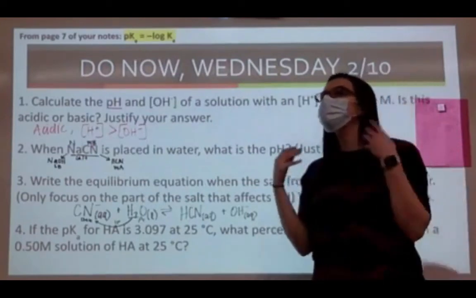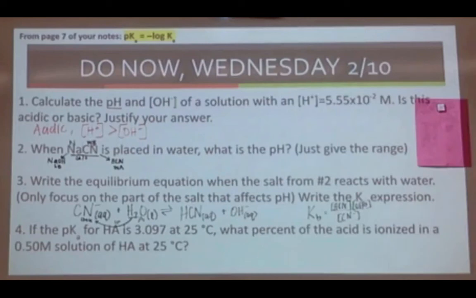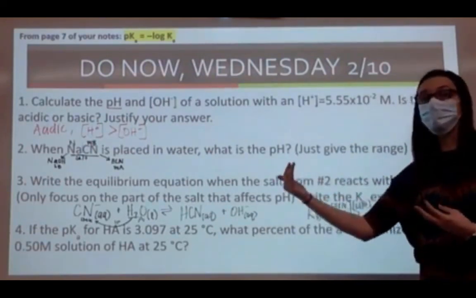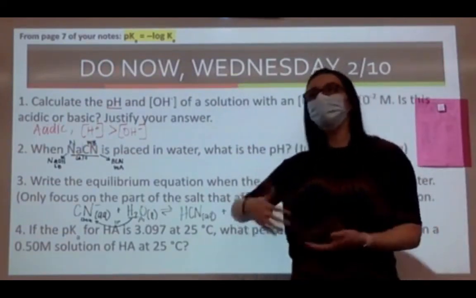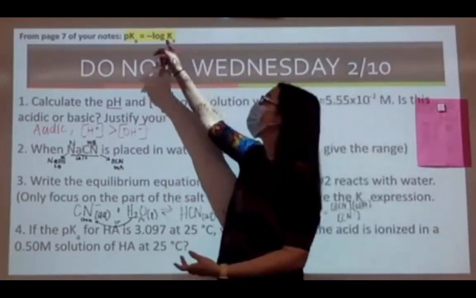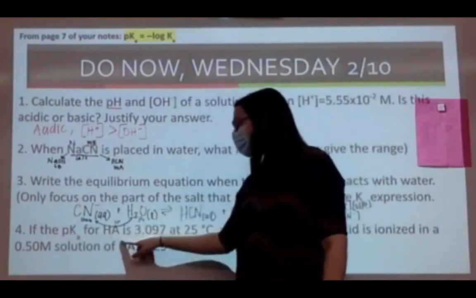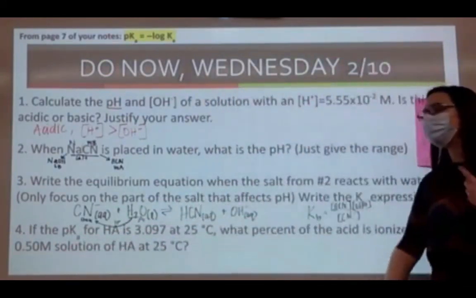It's just a shortened version of Ka. So if they give you pKa, P just means you've taken the negative log. pH means you've taken the negative log of H. pOH means you've taken the negative log of OH. pKa means you've taken the negative log of Ka. So if they give you the pKa value, they actually have given you Ka.